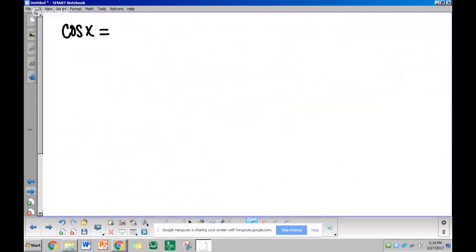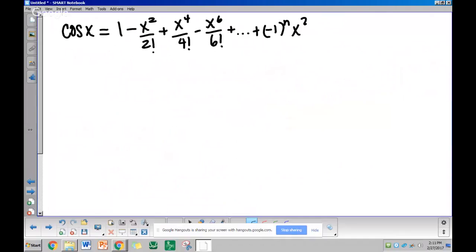It would be 1 minus x squared over 2 factorial plus x to the 4th over 4 factorial minus x to the 6th over 6 factorial plus dot dot dot plus negative 1 to the n x to the 2n over 2n quantity factorial.